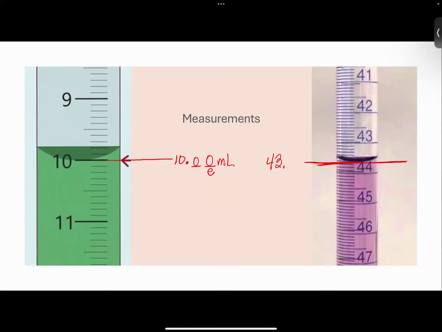So let's see, this is 43.1, 2, 3, 4, 5, 6. So because of my line, it's really hard to tell. I would have probably said 43.60 milliliters.